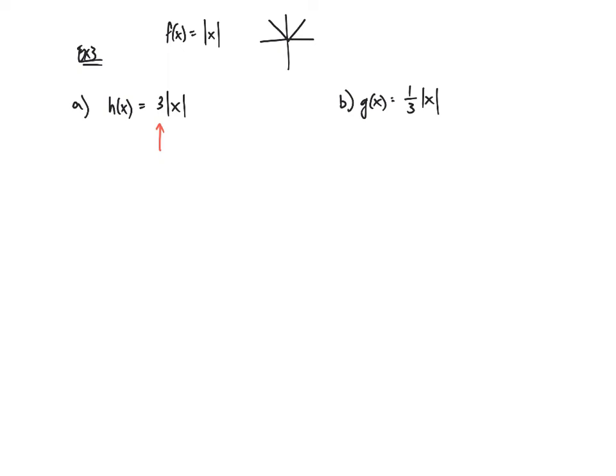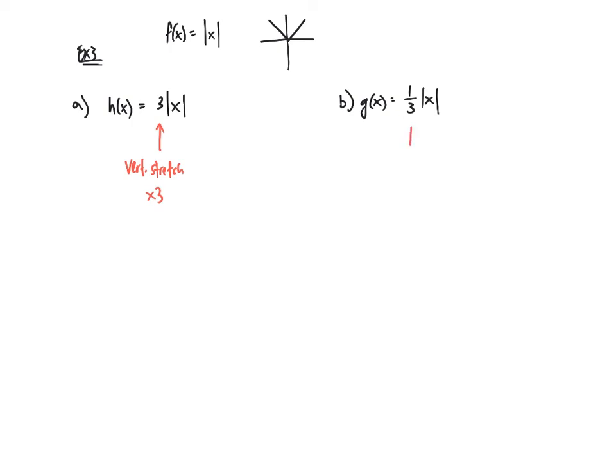It's outside, which means it's vertical, and it's direct. So it's going to multiply all of our y values by 3, which in effect is going to cause a vertical stretch by a factor of 3. Okay, so that's going to make it skinnier because all the y values are going to increase 3 times as fast. So it's going to be a skinnier graph.